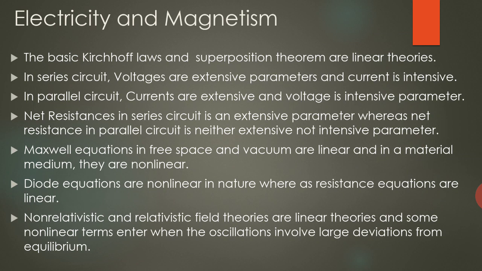In parallel circuits, current is an extensive parameter that adds up linearly, and voltage is an intensive parameter. Net resistance in a series circuit is an extensive parameter, whereas net resistance in a parallel circuit is less than the individual resistances, so that is neither an extensive nor an intensive parameter.